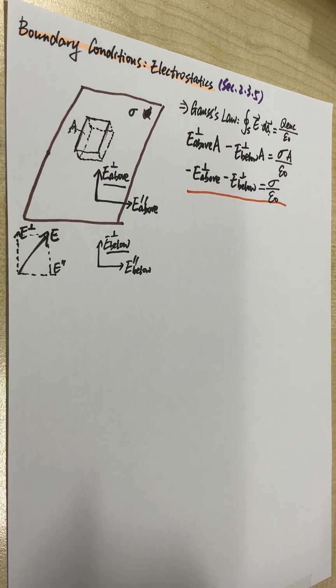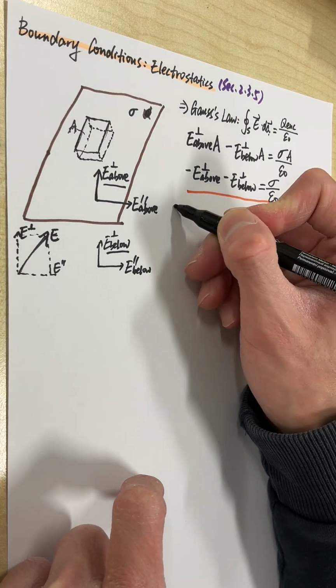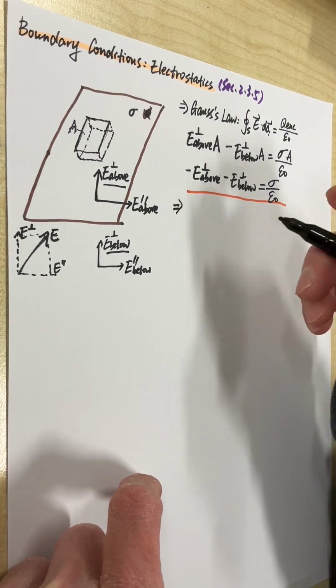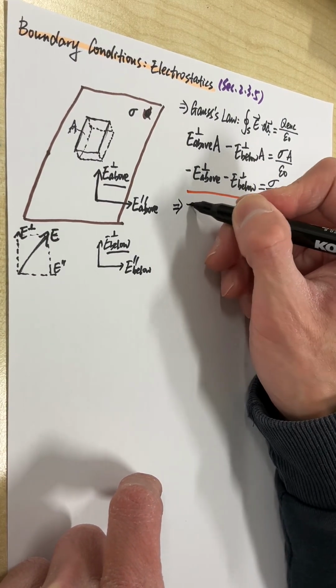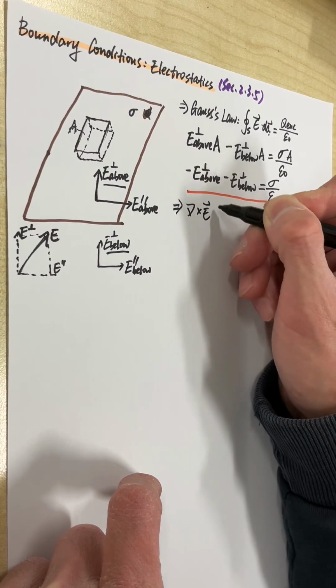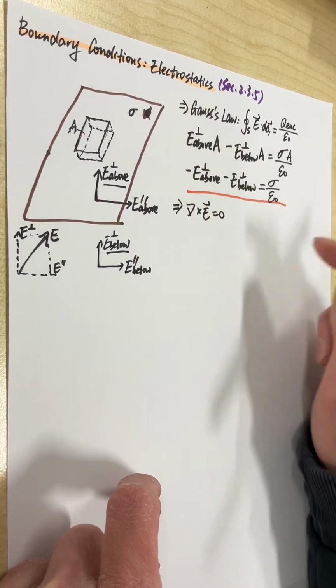And the second property we always know for the electric field is that the curl of E equals 0 for electrostatics.